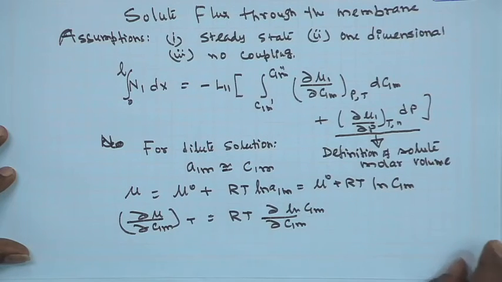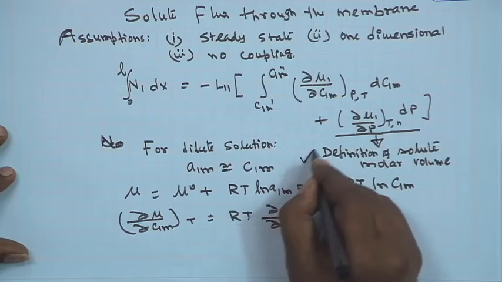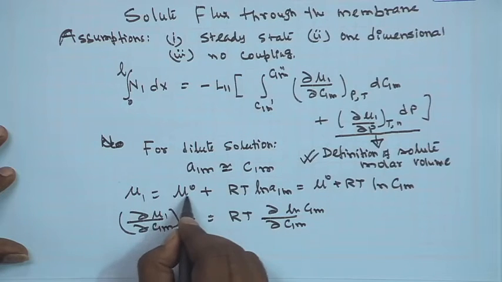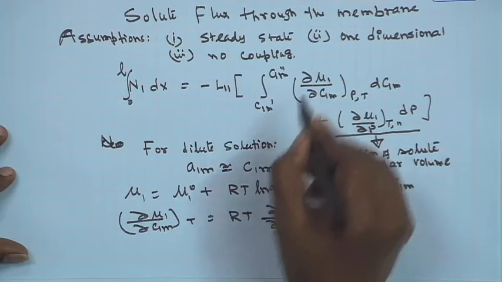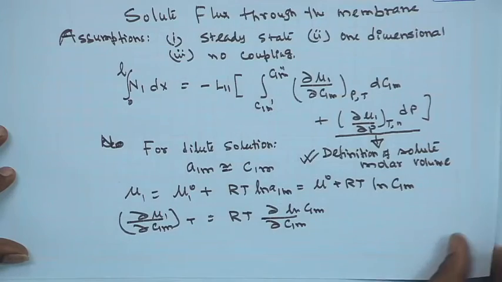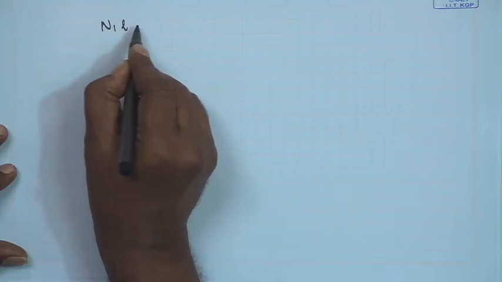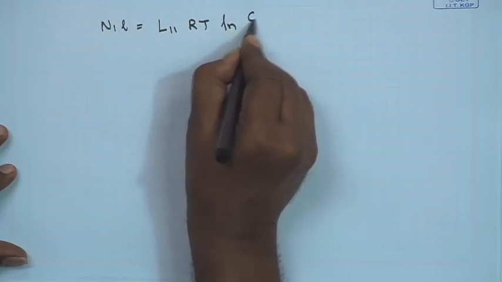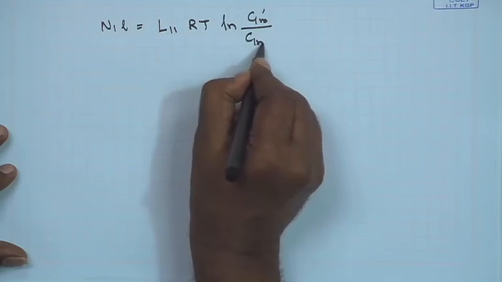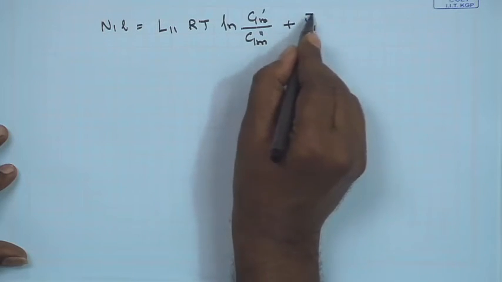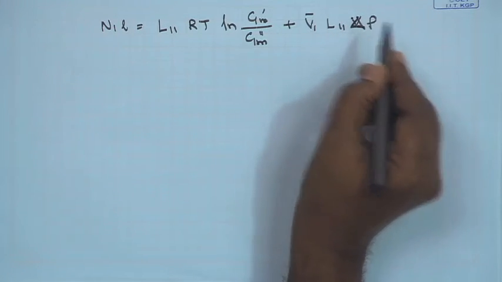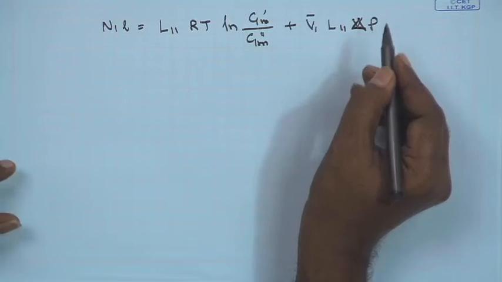After substituting this definition of solute molar volume and del mu 1 del C1m in this expression, we can get the final expression of the solute flux as N1 L equals L11 RT ln C1m prime divided by C1m double prime plus V1 bar L11 delta P, where delta P is P2 minus P1, the pressure gradient.